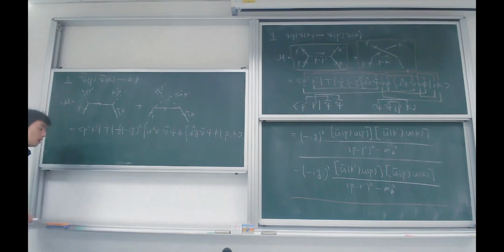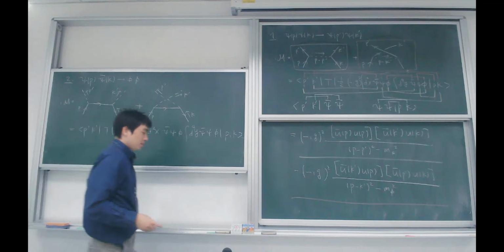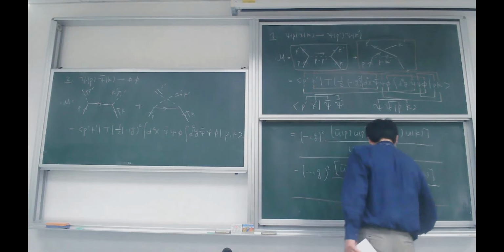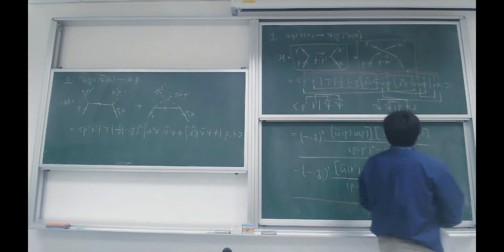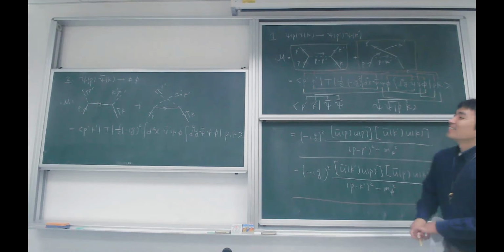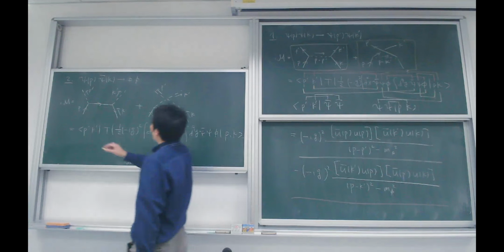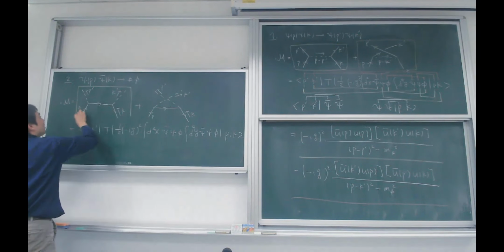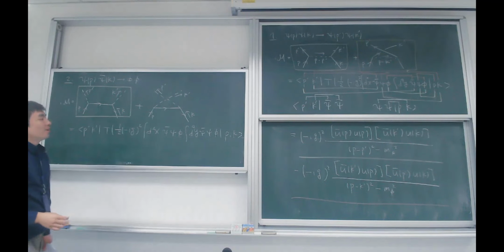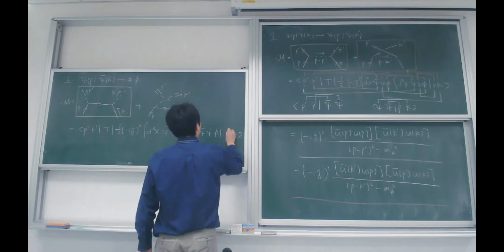Now let's look at the yellow first. Sorry, the convention is that the first one is yellow. So first, p is contracted.